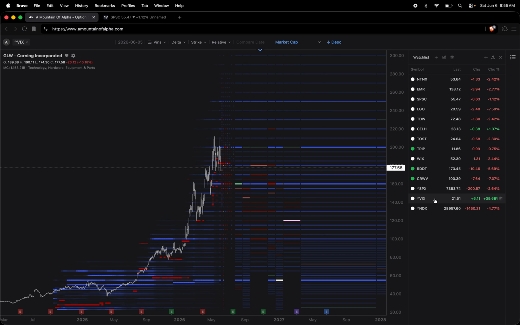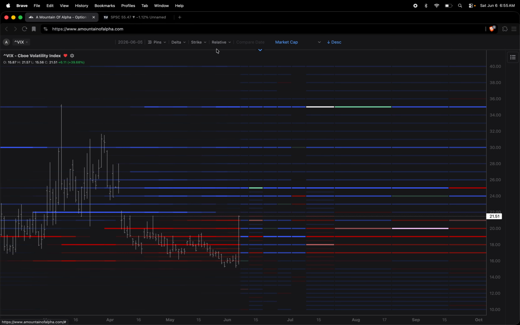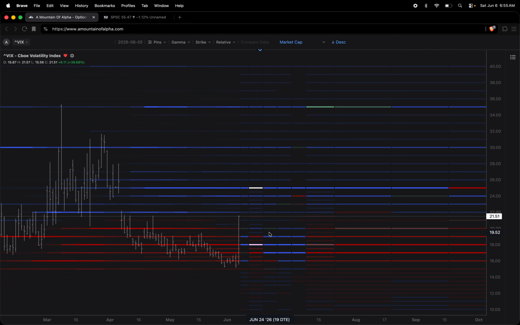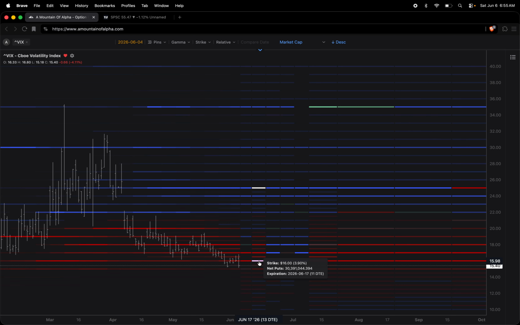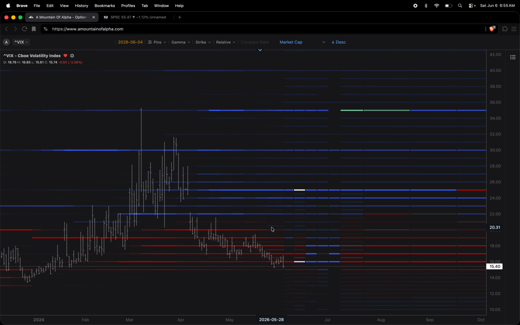So, recap, watch your gamma pins on VIX here. Make sure that if you're trading below it, I'm going to go back a day here. Look, 16.25. If you're down here, you have to expect that you're going to get some volatility in the market.